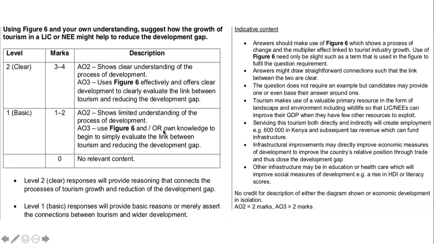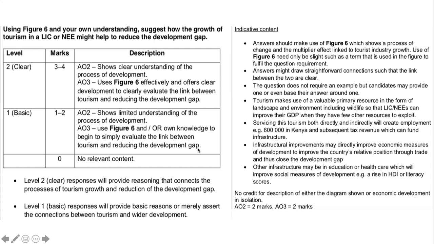What it says here, we're testing your ability to use the evidence that you've been given, and you get 2 marks for that. That's where it says AO3. To get your first mark, you can either use Figure 6 or your own knowledge, and basically talk about the link between tourism and reducing the development gap.